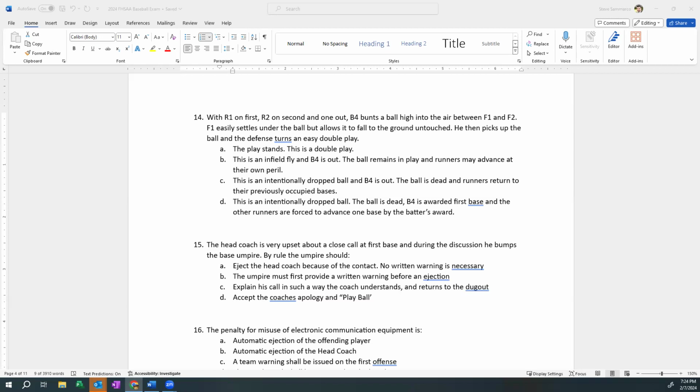I think this is a good point. This is a good thing to talk about because it happens, right? We probably all called an infield fly where maybe it shouldn't have been before throughout our career, right? I know I have. So let's talk about what we do, because it's actually called an inadvertent infield fly.